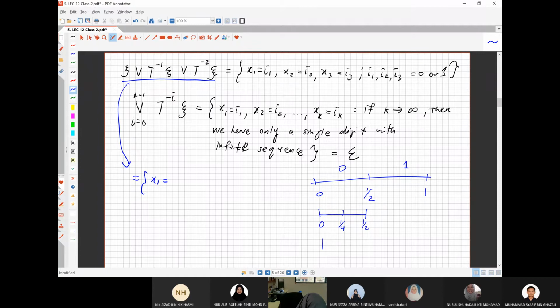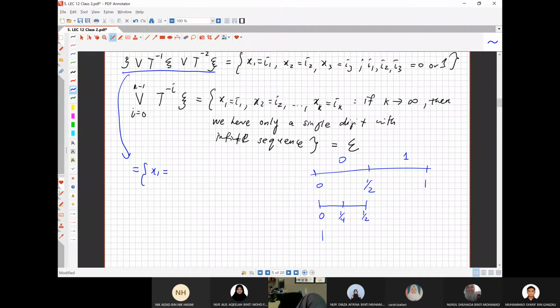Divide this another 2. So here I have 0, 1 over 8, until 4 over 8, which is 1 over 2.